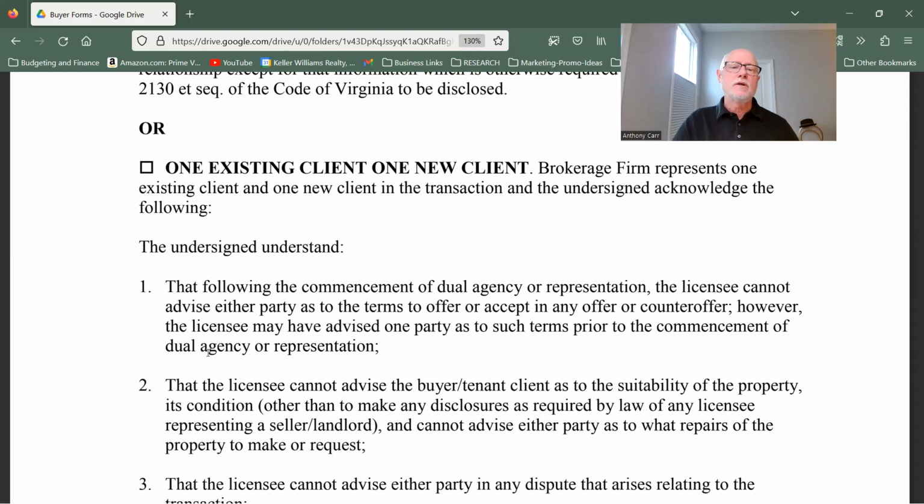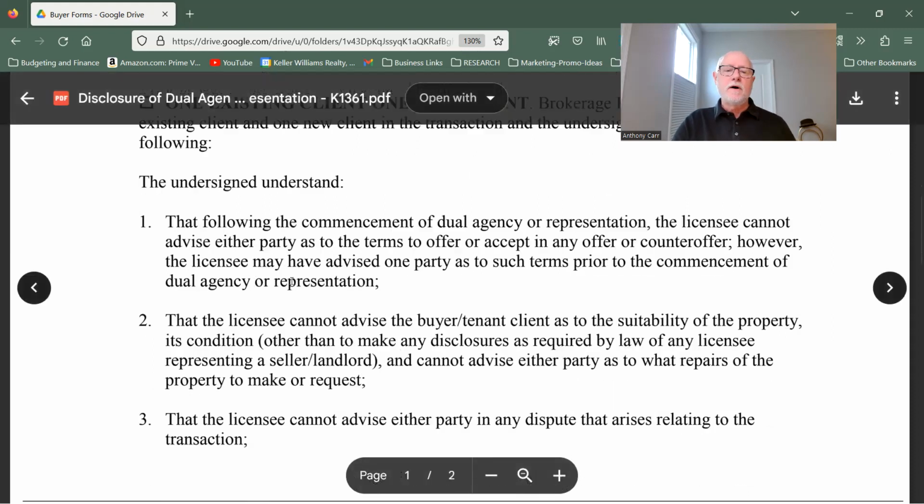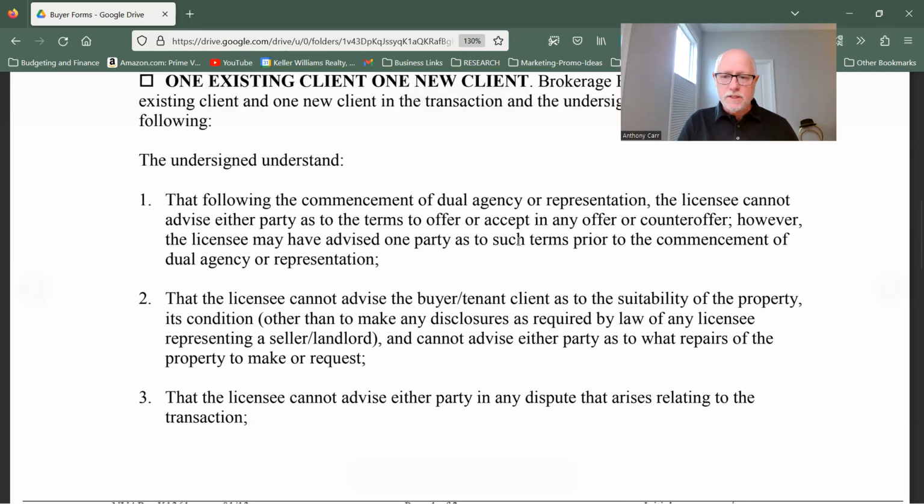The difference is that the undersigned understand the following commencement of dual agency or representation. The licensee cannot advise either party as to the terms to offer. That's big. Okay, I can't advise either party as to the terms to offer or accept in any offer or counteroffer.